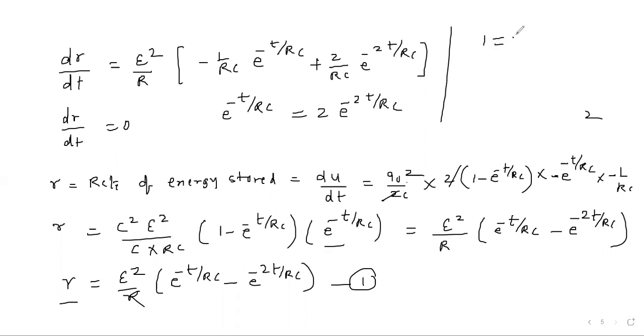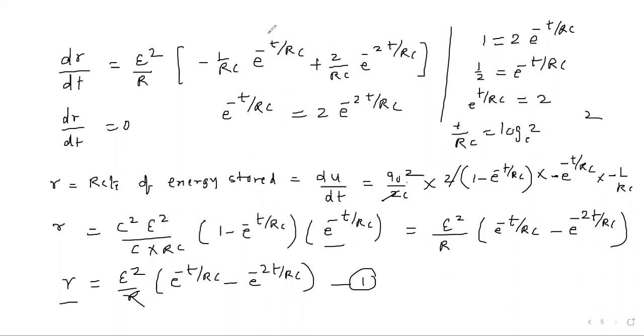So 1 equal to twice of e to the power minus t upon RC, or 1 upon 2 equal to e to the power minus t upon RC, or e to the power t upon RC equal to 2. So if we take log, we will get t upon RC equal to log 2 base e.